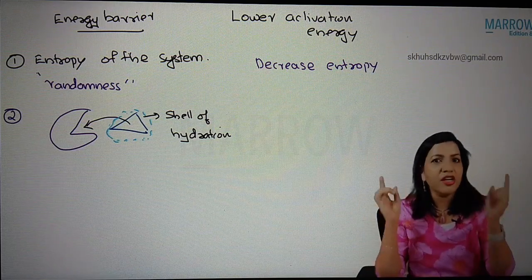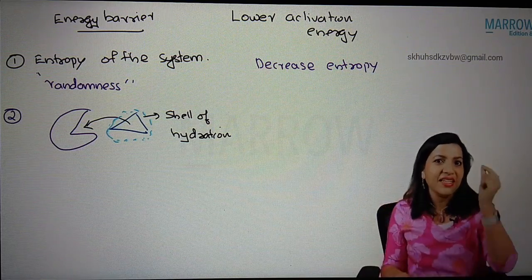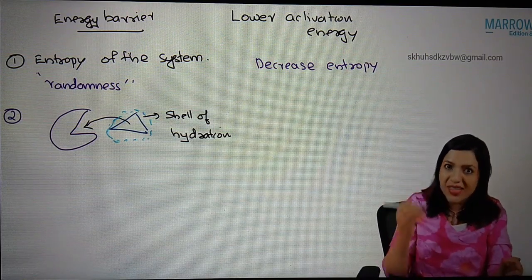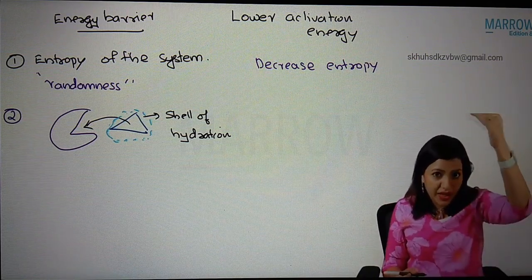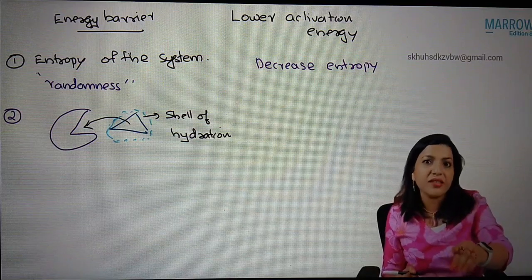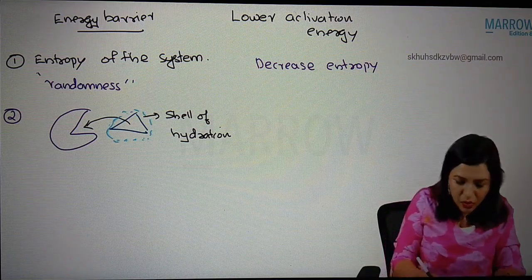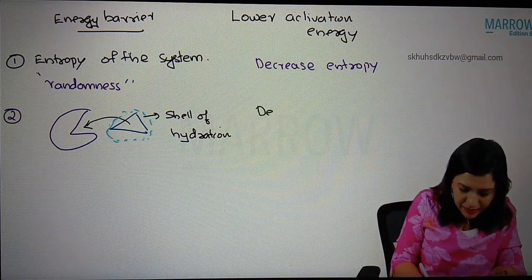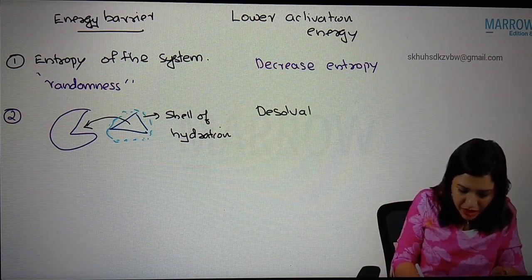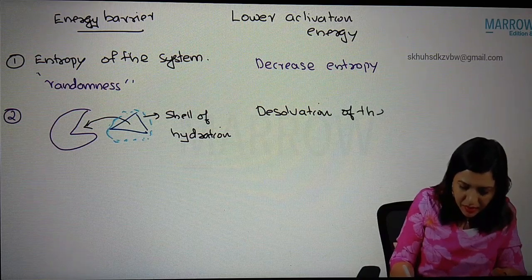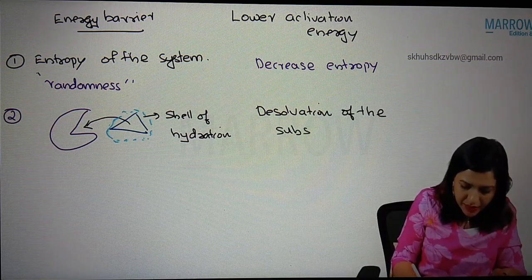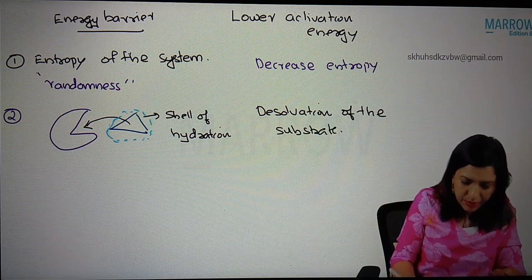Did you get that point? So it means that the enzymes lower the activation energy, or the enzyme is building a tunnel in this mountain, by desolvating the substrate. So the second is desolvation of the substrate, where the shell of hydration is removed.